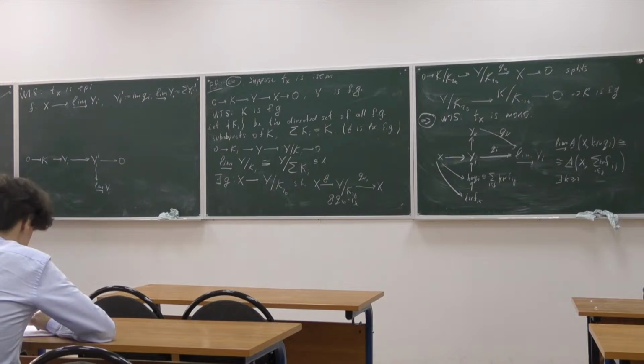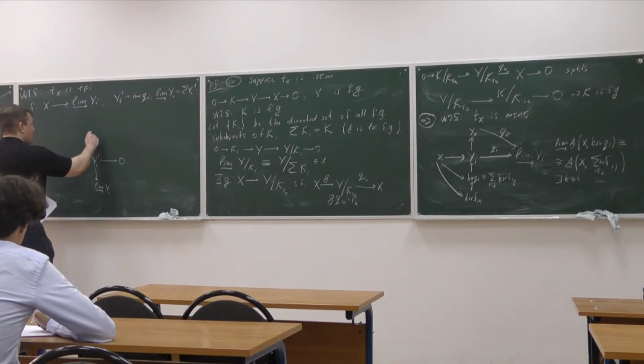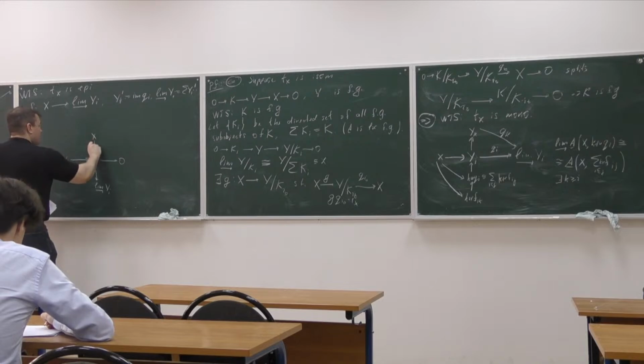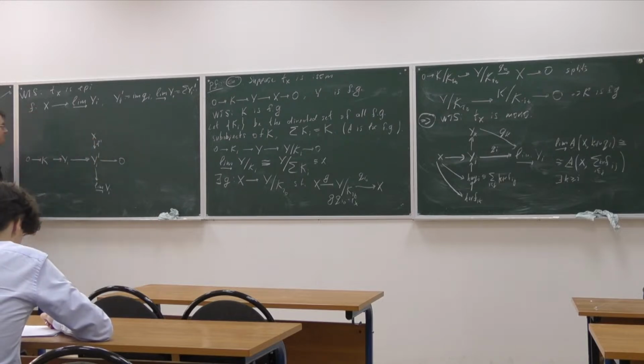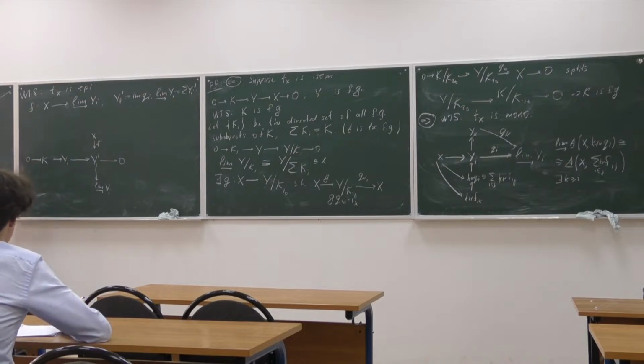Now here I have an induced map from the x. Let's call this f prime. I'm just factoring the map that is given to me through the image. For these two maps, yi and x, I can form a pullback. Let's call this object P for shortness, and this diagram is a pullback.